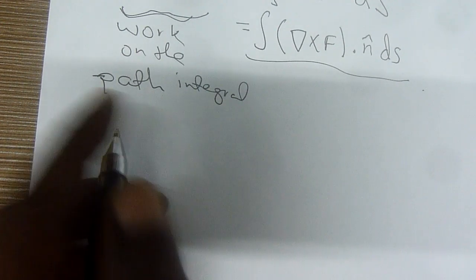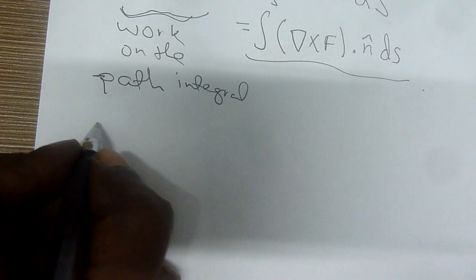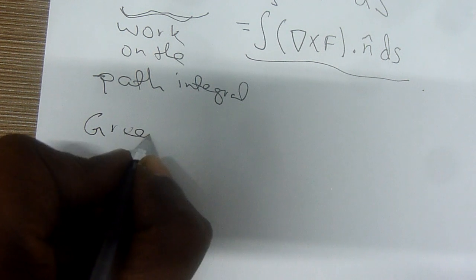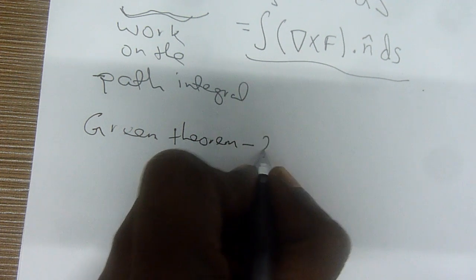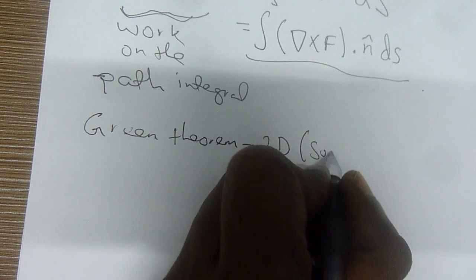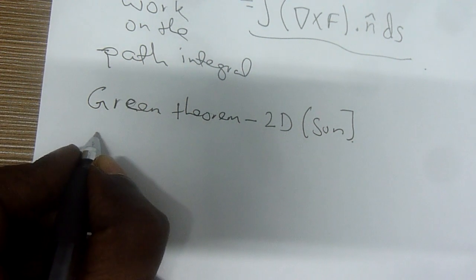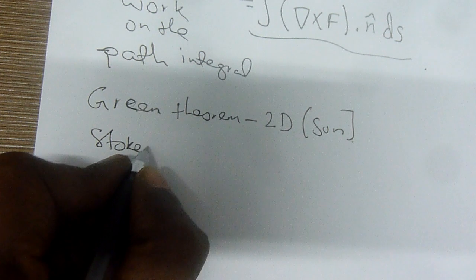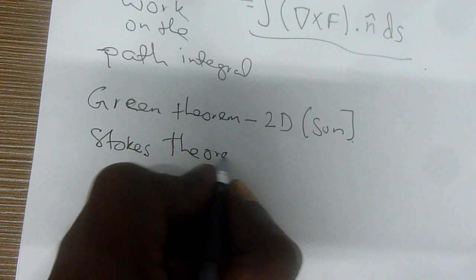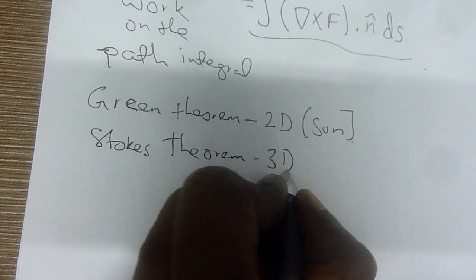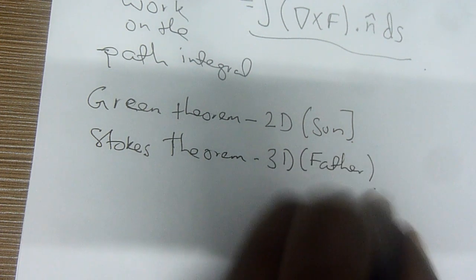Now we have learned something about the Green theorem, right? The Green theorem in 2D, we may call it the son. The Stokes theorem is for explaining 3D, and maybe I may call it the father.